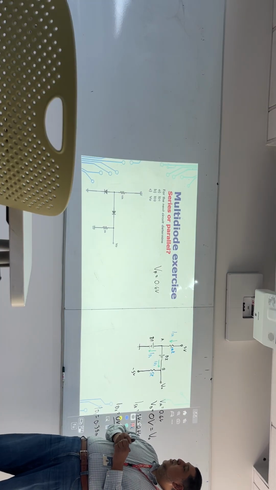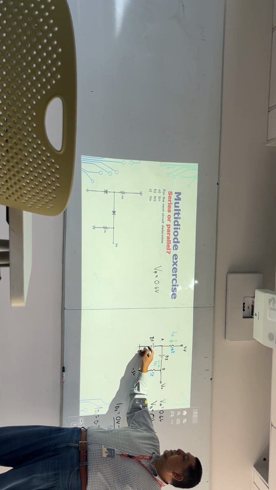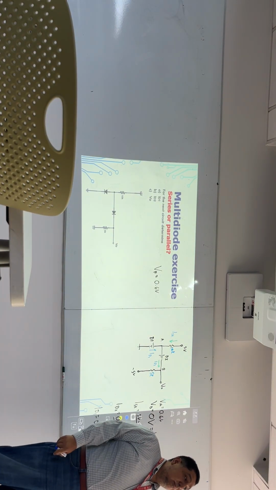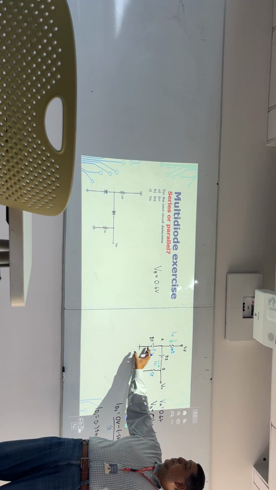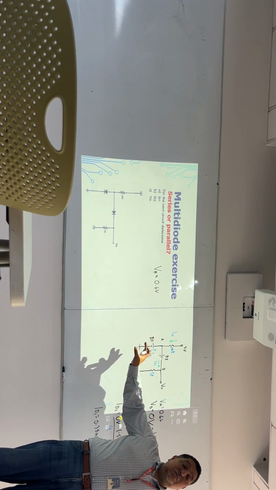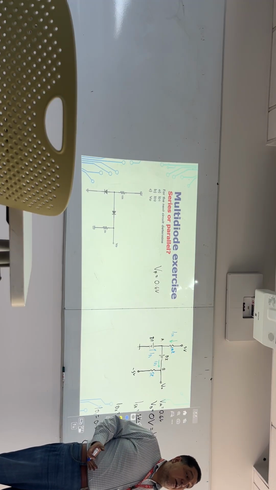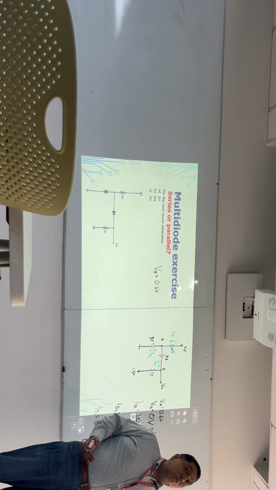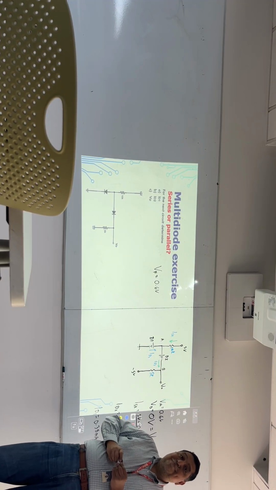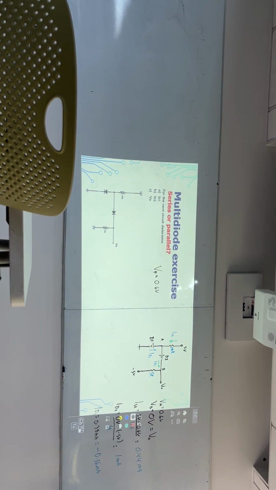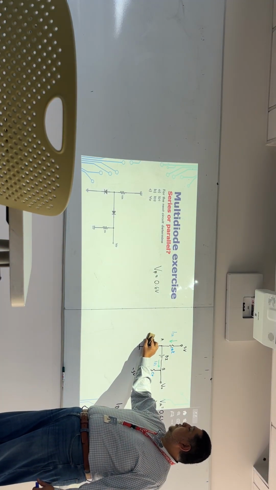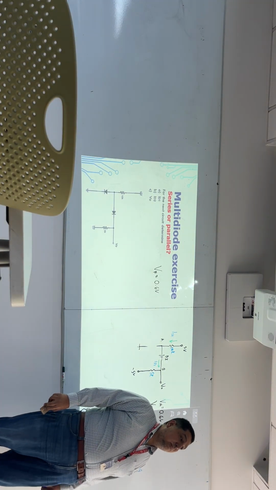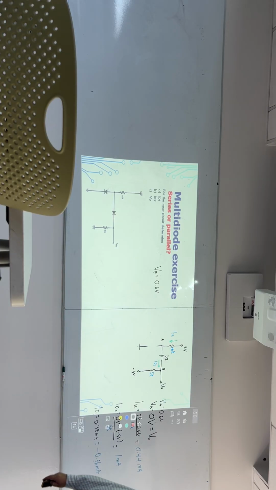So I cannot have a current flowing, in this case, upward. That's not possible because the diode was not meant to work like that. So what happens if I get a negative current? Absolute value? No. Whenever you get a negative current, the meaning is that the diode is actually off, and you need to erase it.